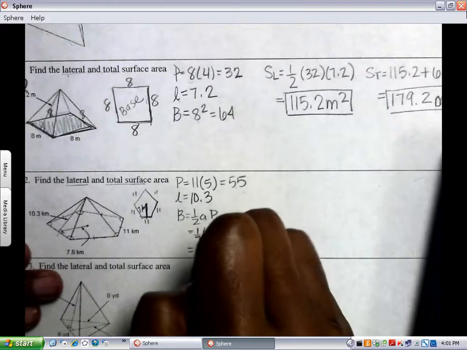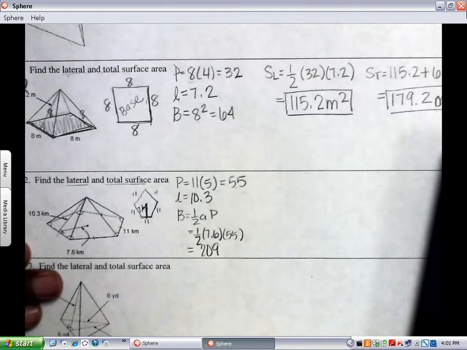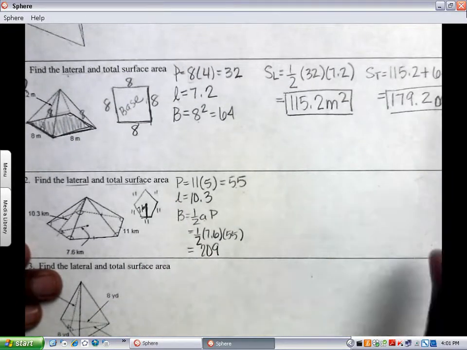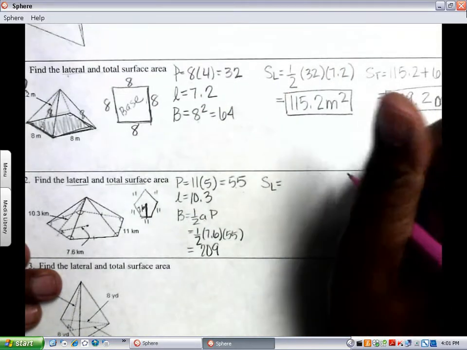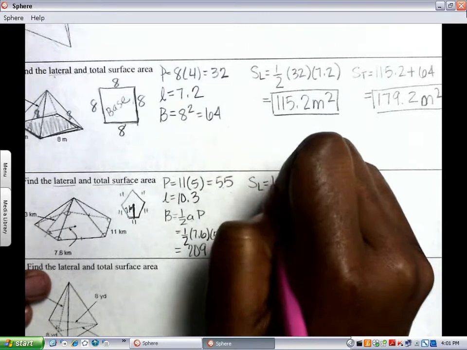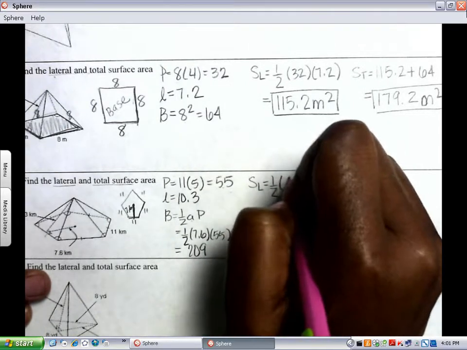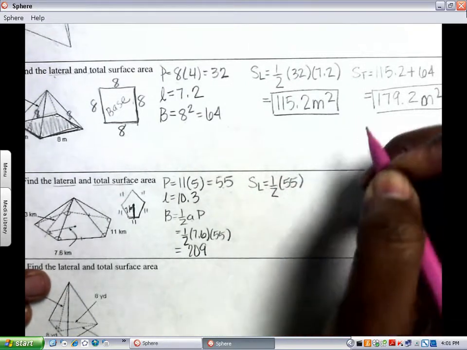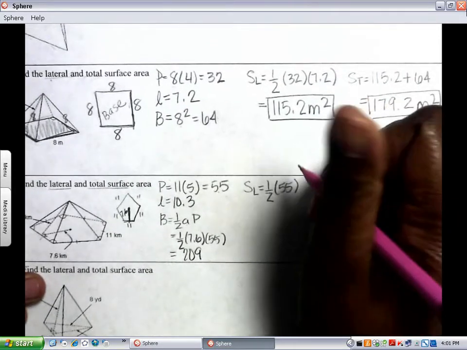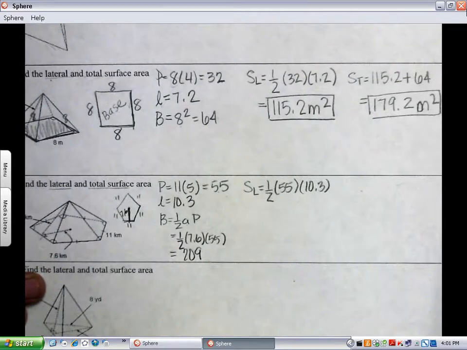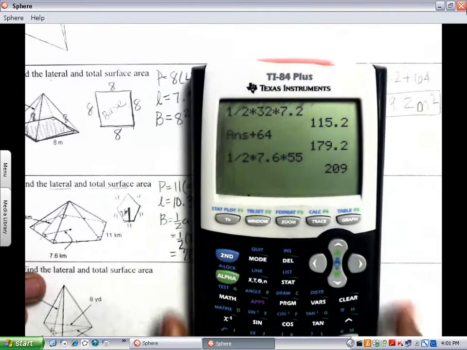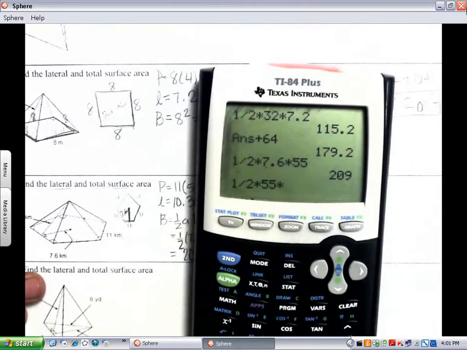Alright, so now we have the 3 parts that we need to find the surface area. So to find the lateral surface area, we have to do 1/2 times the perimeter times the slant height, which is 10.3. 1 divided by 2 times 55 times 10.3.